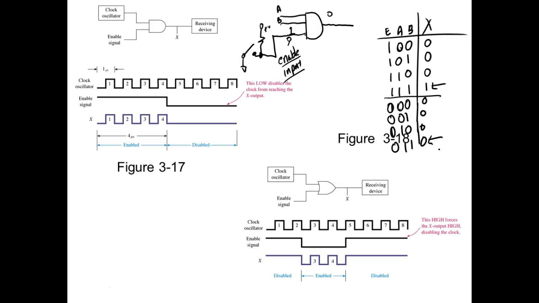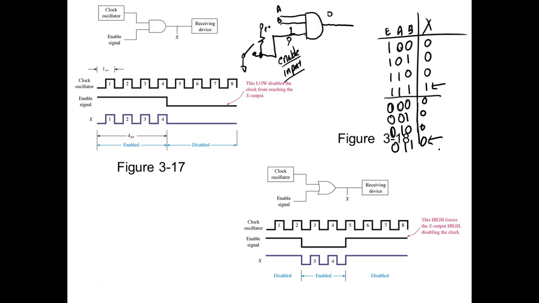If I put a 1 on my enable, then my two inputs act like a two-input AND gate with an enable, right? So what I'm doing is I'm using one input to either allow the other two inputs to work or not to work, right?